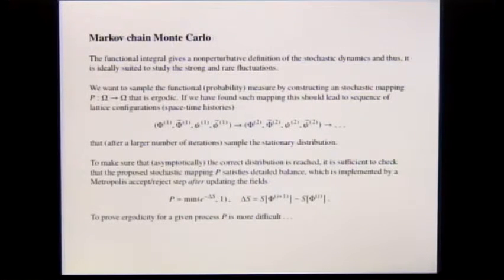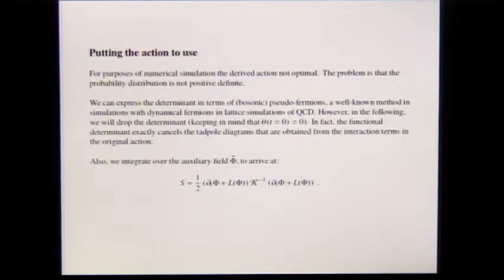After each suggested update of the fields, we accept the new update with probability p, where the probability is given by the minimum of 1 and e to the minus delta S, where delta S is simply the difference in the action for the previous field configuration and the new suggested field configuration. Of course, to prove ergodicity for a particular algorithm is a bit more complicated, but we'll look at a particular example where it can be shown that this holds.